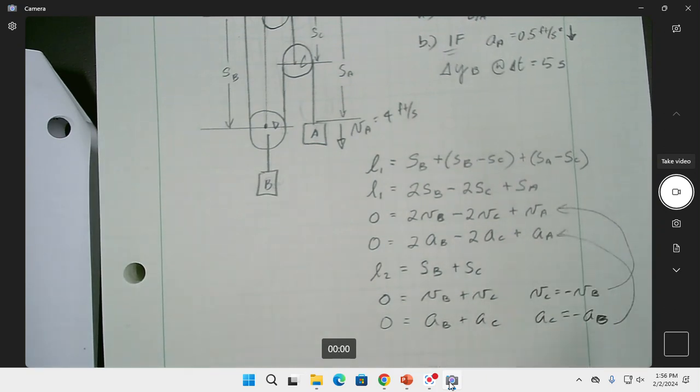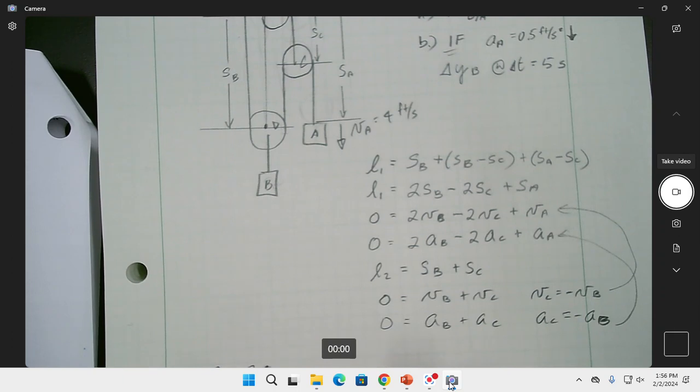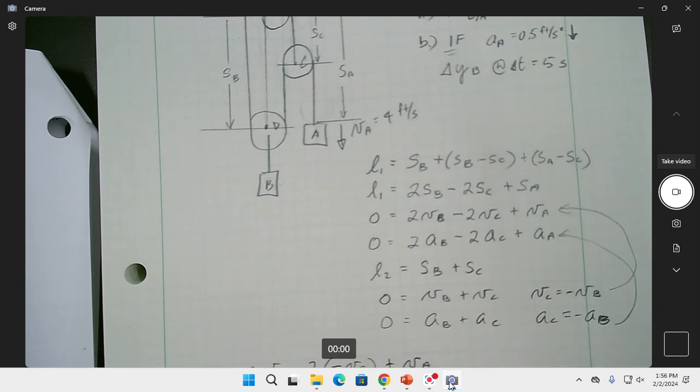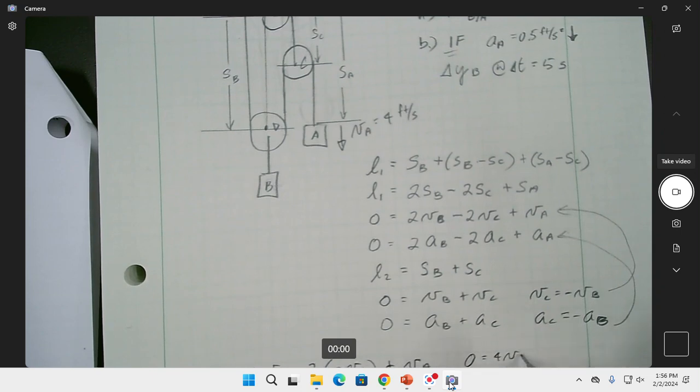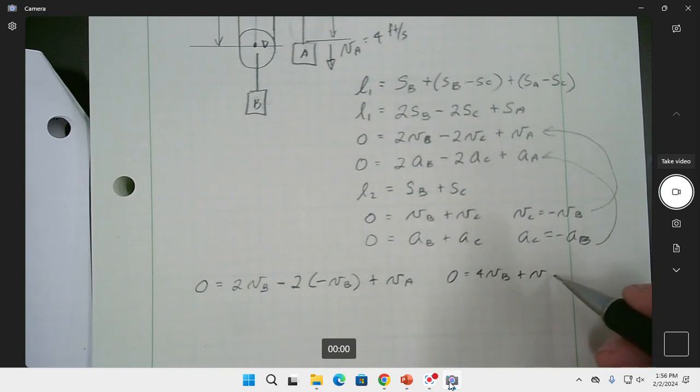I could have numbered these and said to combine, but what will happen here is equals 0, I'll do it in 2 steps, VB minus 2 times minus VB plus VA, right? So therefore, you're going to get VB plus VA, sorry, VA, right?